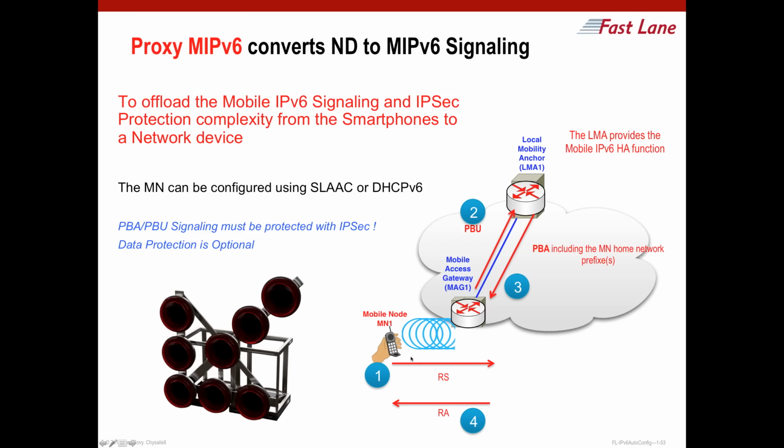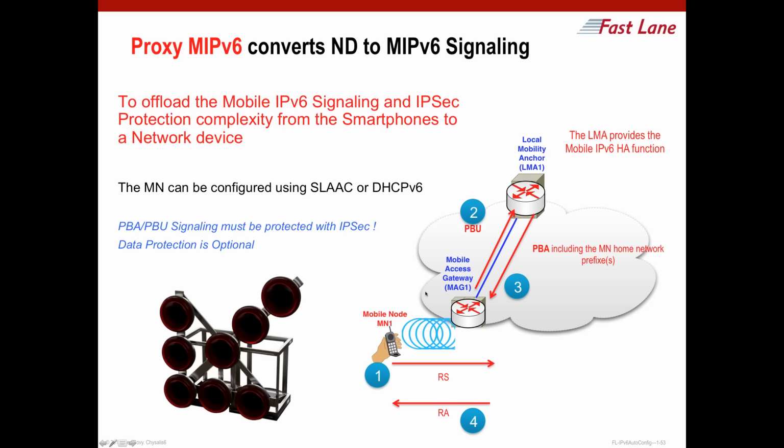The Mobile Access Gateway is using neighbor discovery protocol, very simple messages with the mobile node, to check its identity and many things, and then it is in charge of doing all the mobile IPv6 complexity.